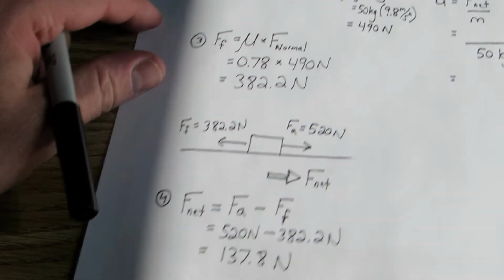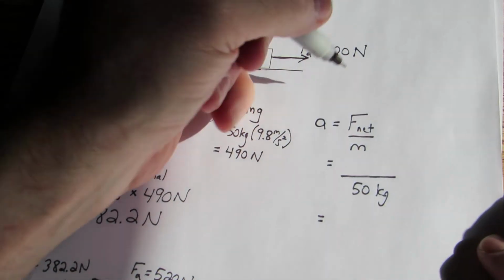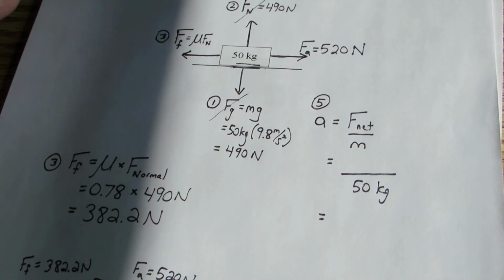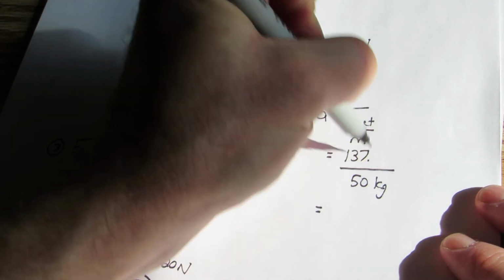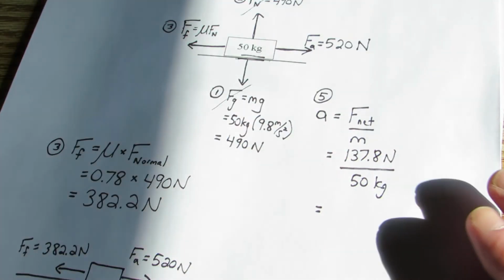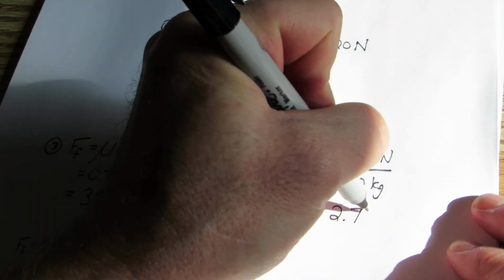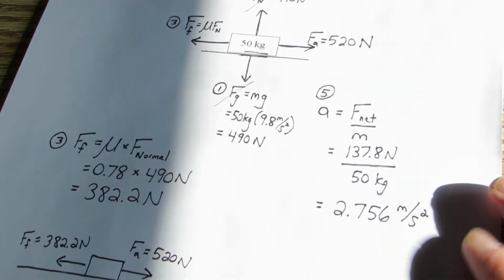And then to finish this question off, because remember, way back in the beginning, the actual question was: what is the acceleration? Step number 5. And that's it. We're just going to fill in this last value. The net force is 137.8 newtons divided by 50. We finally, in the end, get an acceleration of 2.756 meters per second squared.